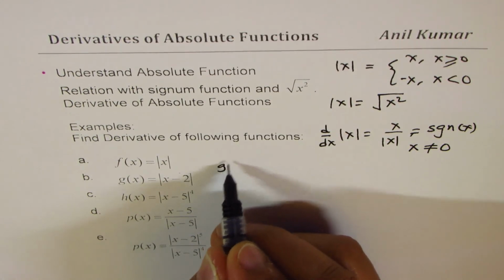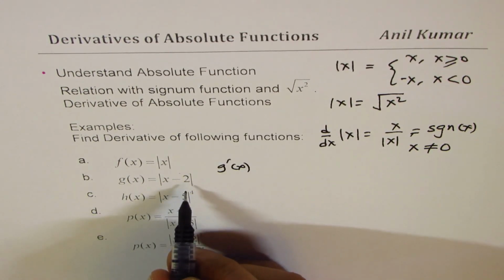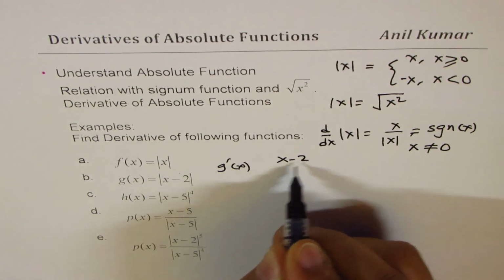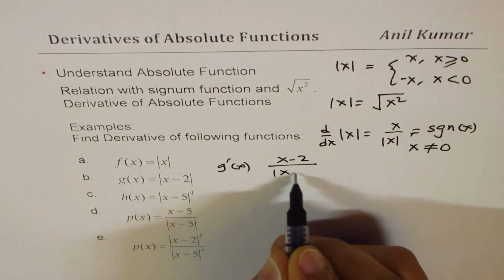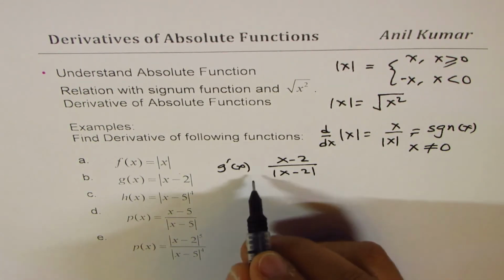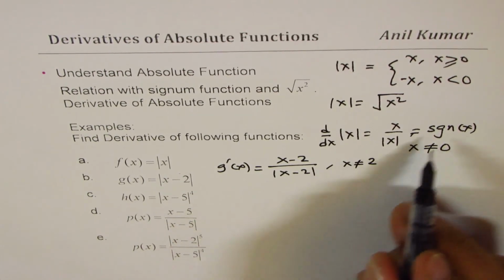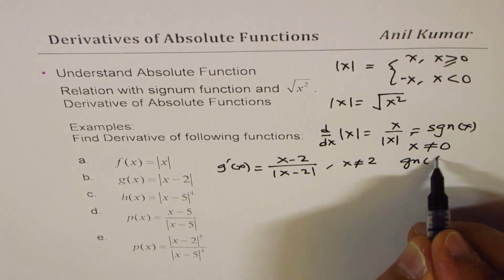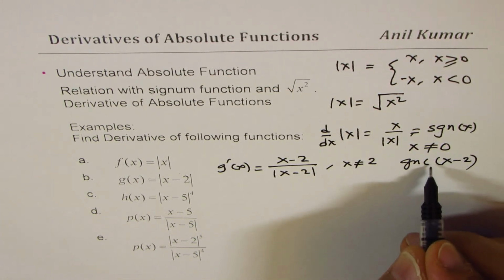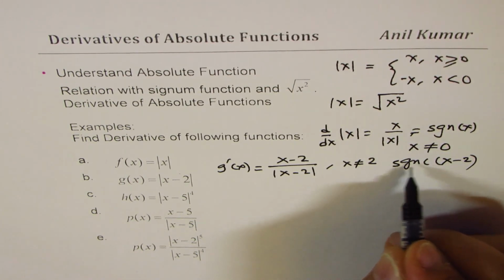And the derivative g dash x, when it is translated, could be written as x minus 2 over absolute value of x minus 2. We know it is not defined when x equals 2, and could be written as signum x minus 2.